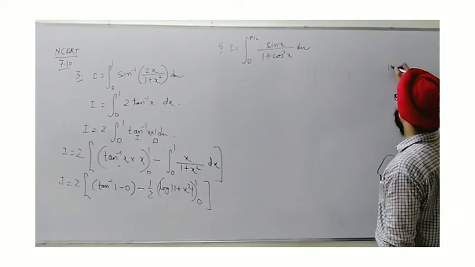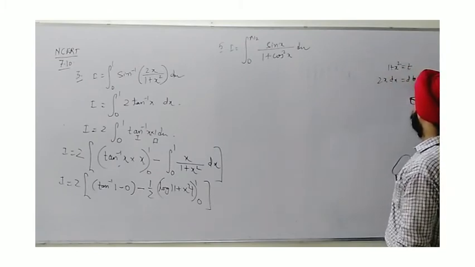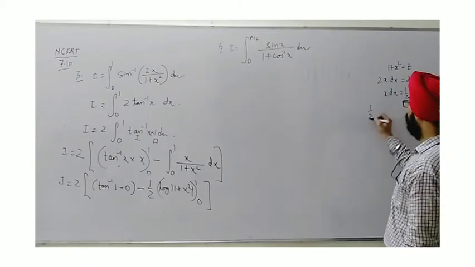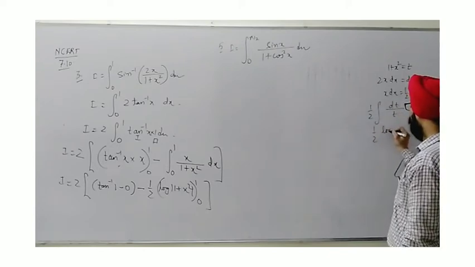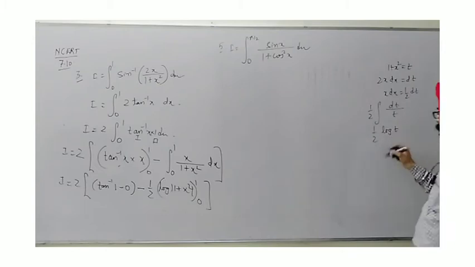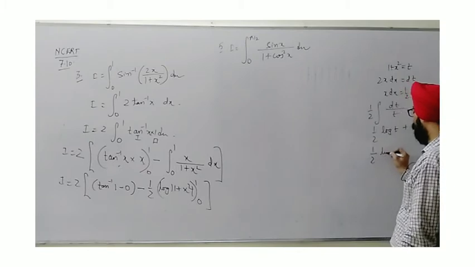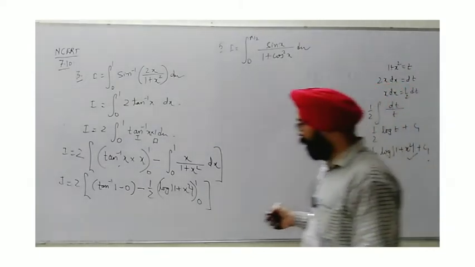I consider 1 plus x square as t, differentiating, 2x dx is dt. We get x dx equal to half dt, so the integral becomes half dt upon t, which is half log of t to the base e, plus c1. Here actually we are not supposed to put a constant, that's why I am not taking it. t becomes 1 plus x square. So directly we are doing. These all steps you can skip and you can write directly this way.